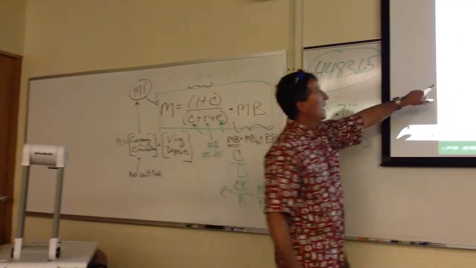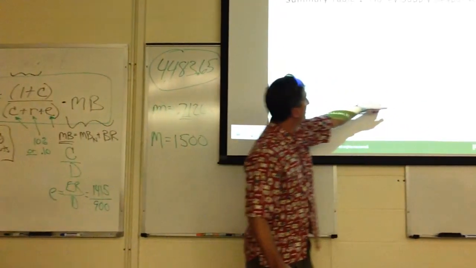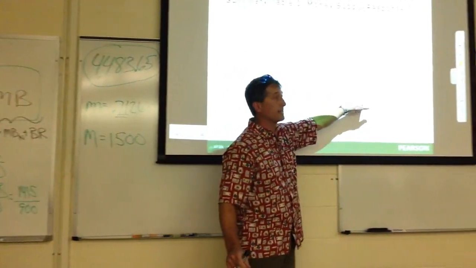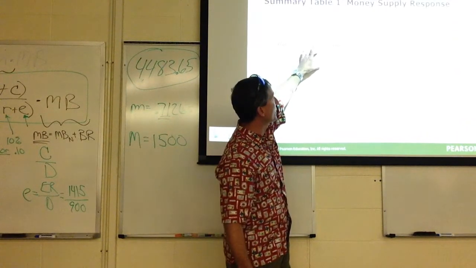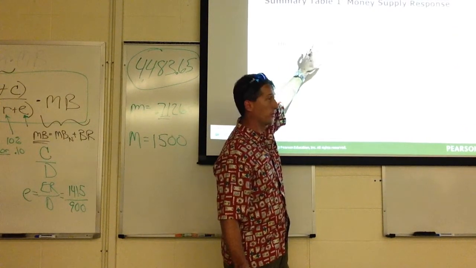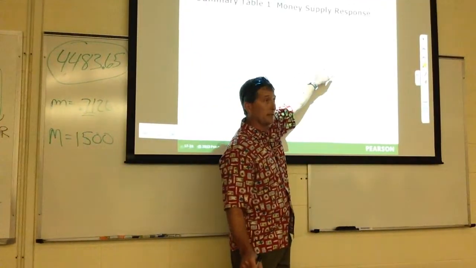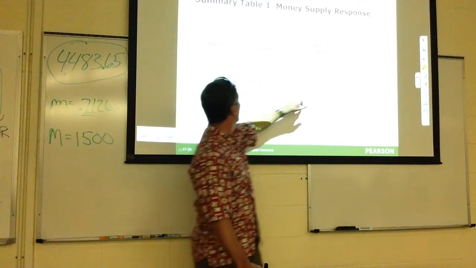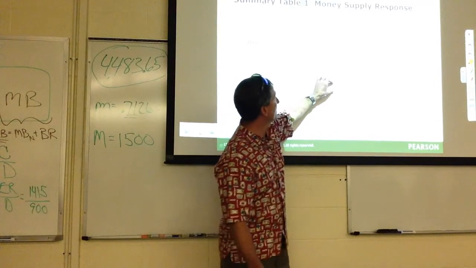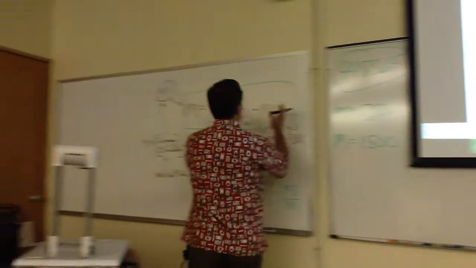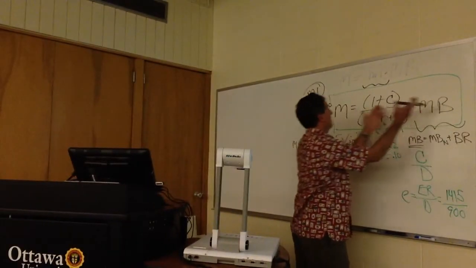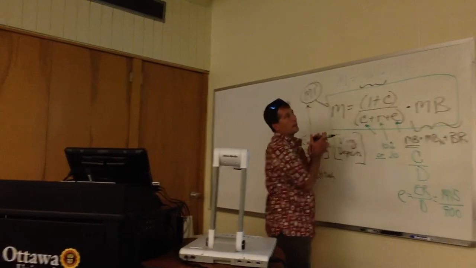Here, that makes no difference in terms of changing the money supply. If there's an increase in non-borrowed reserves, that will lead to an increase in the money supply. And same thing with borrowed reserves, it will lead to an increase in the money supply. So that follows this formula. This goes up, this goes up.